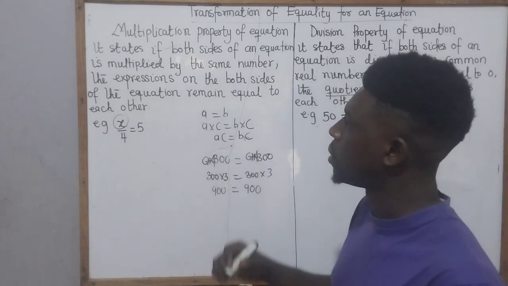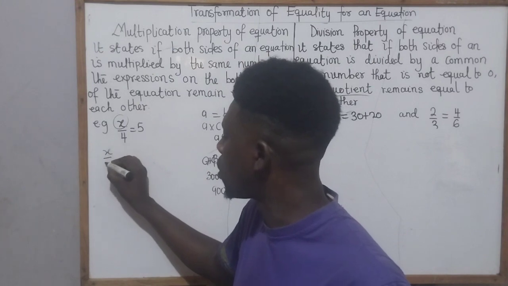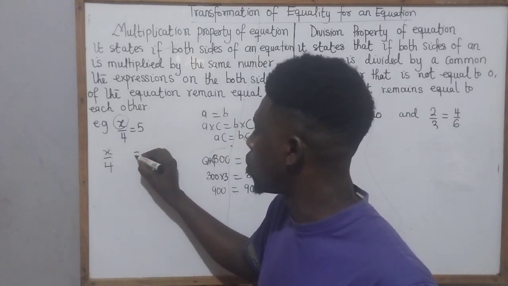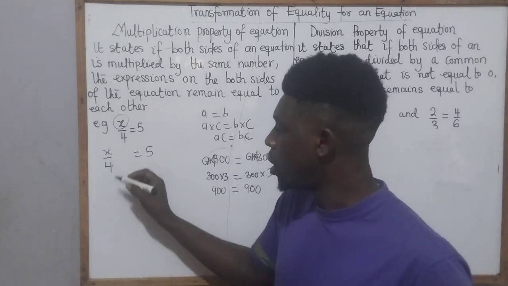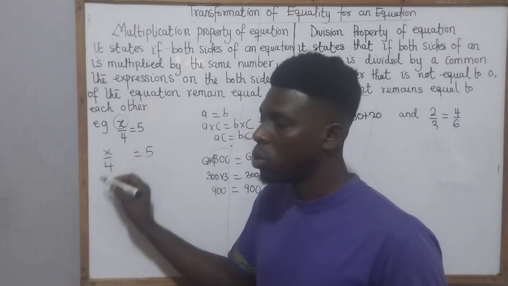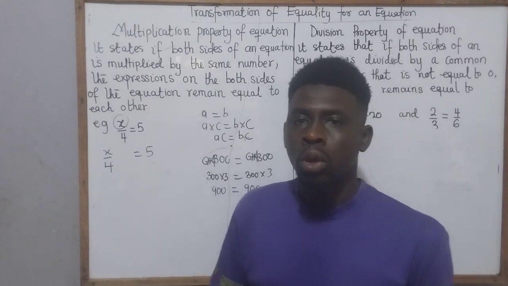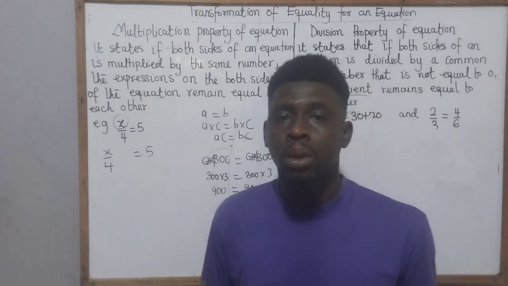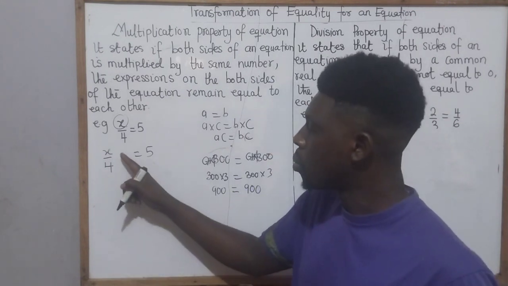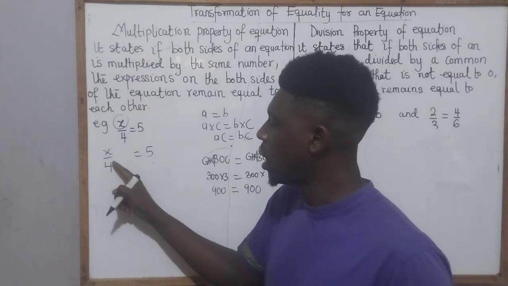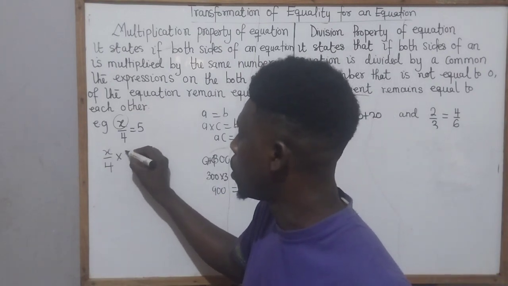Alright, so as the property states, if x over 4 is equal to 5, then for us to find x, we need to eliminate the denominator over here so that x can stand alone. So applying the multiplication property of equality, let's look for a number that when we multiply by this fraction, this 4 can be eliminated, and that number can be 4.